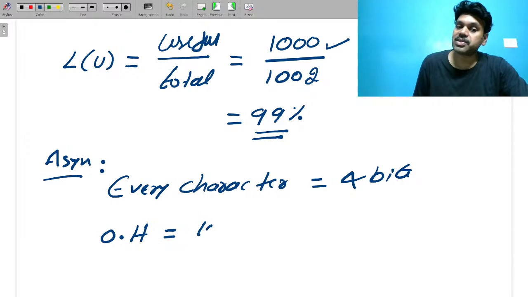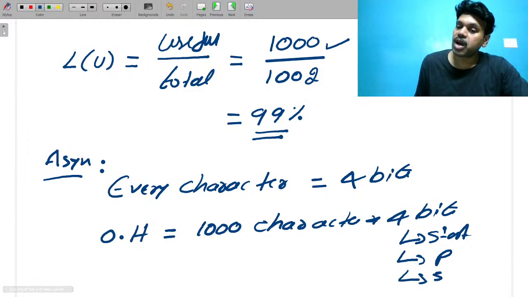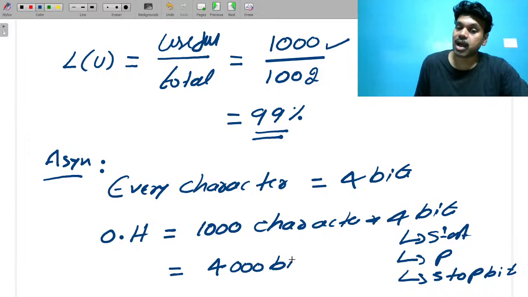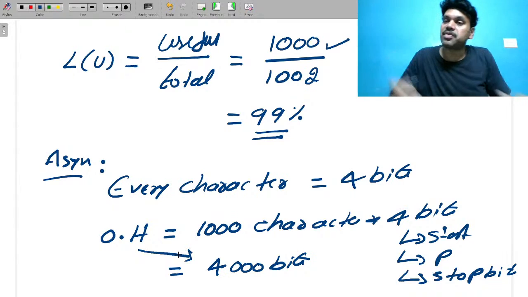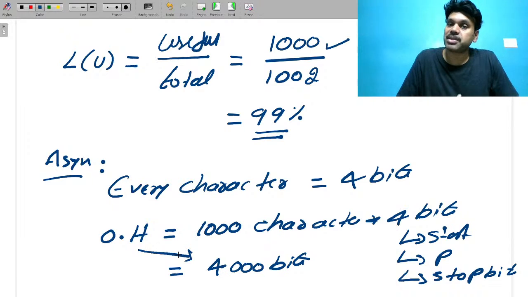Each character has 4 extra bits. What are those 4 bits? One is a start bit, one is a parity bit, and one or more are stop bits. So I am taking 4 as an assumption. Therefore, you are spending 4000 bits extra. So 1000 frames I am sending, and each frame consists of 4 extra bits.